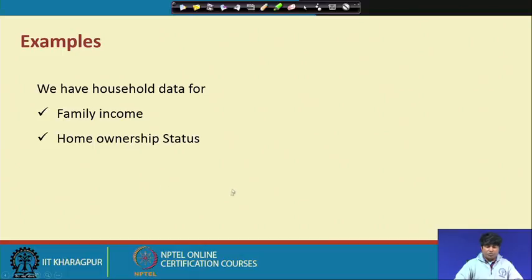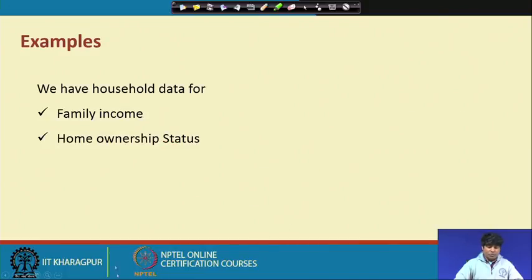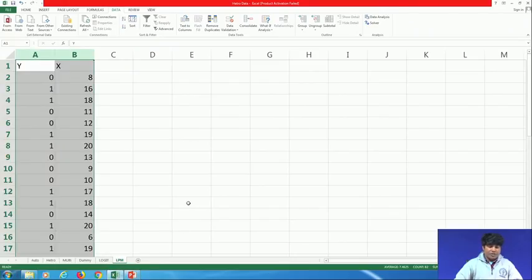So what will you do? Will you do the predictions, or will you address this problem with respect to some data points? Let us start with the linear probability model, where y represents people's house ownership status, along with their income. The first individual has no ownership status and his income is 8 lakhs per month.